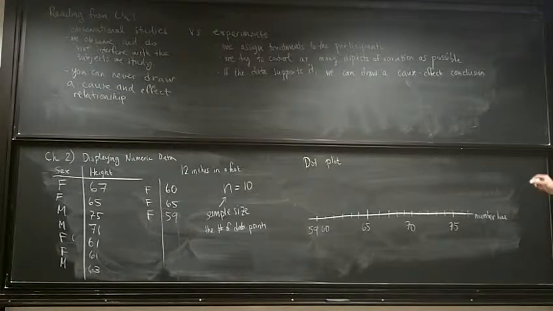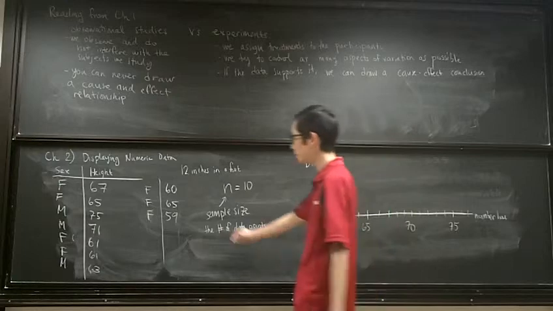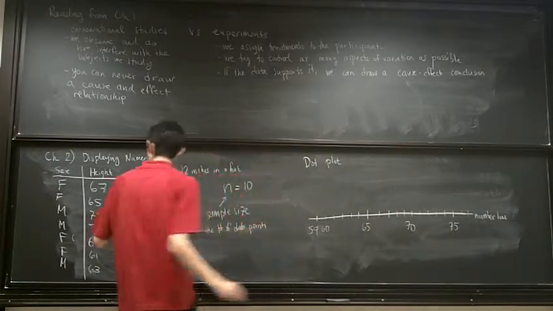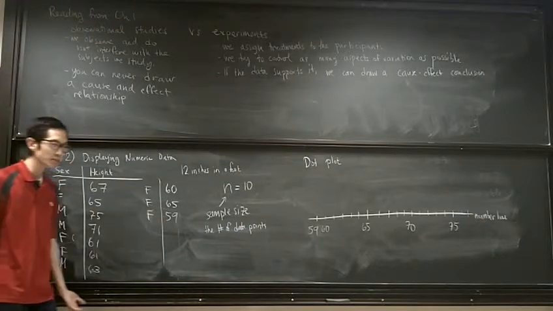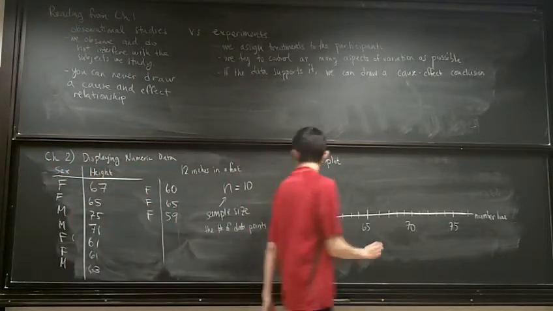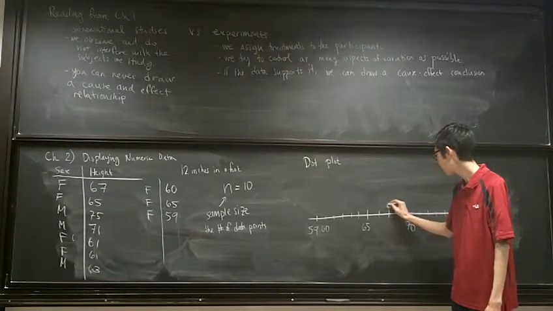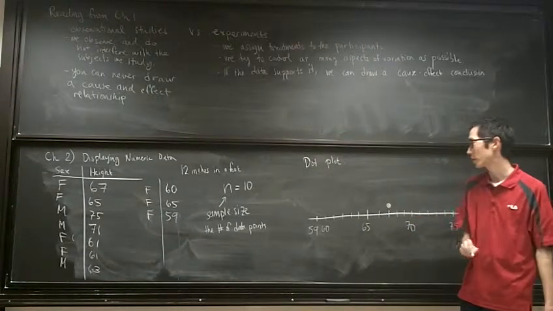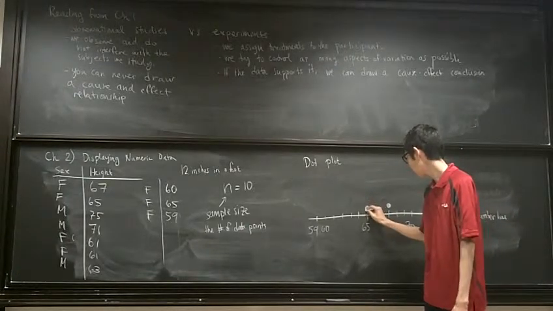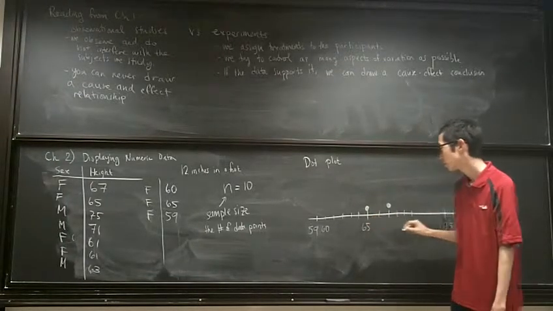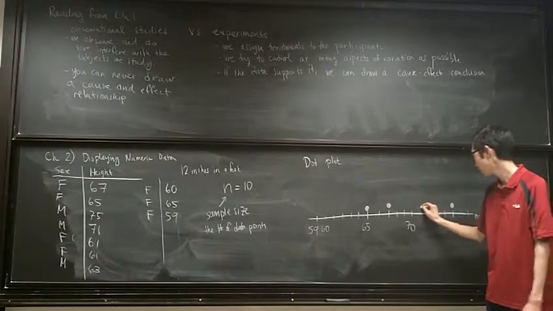All right, and so here, with a dot plot, we just put a dot for every single number we see. So there is a female, 67 inches, and put a dot right there. Another female, 65 inches, male who is 75 inches, male 71 inches.